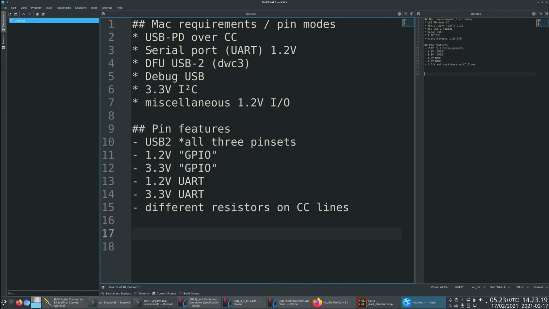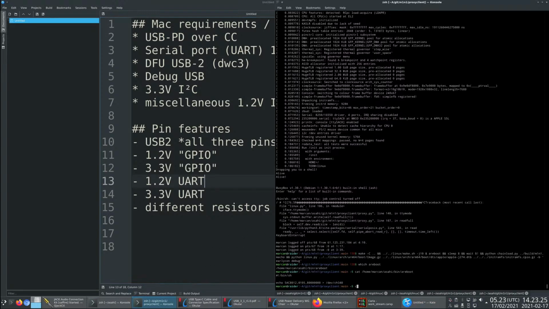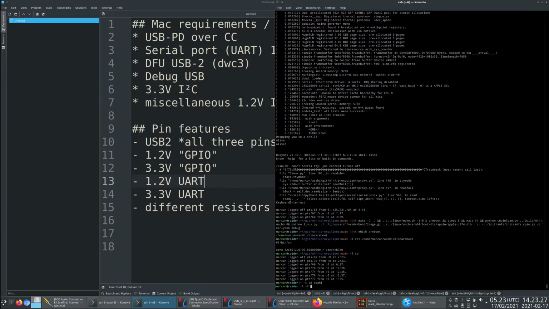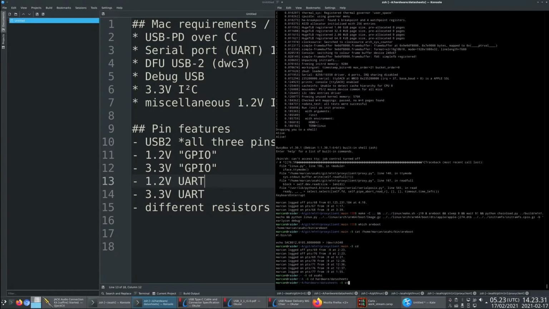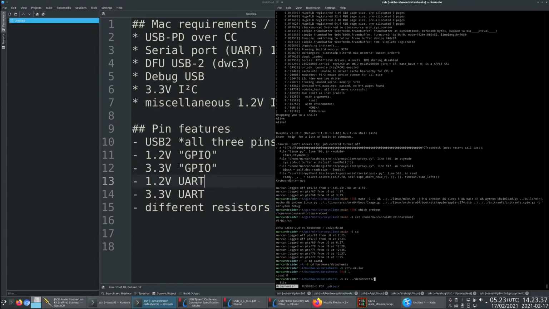So for the USB PD interface, I'm going to be using the, I thought I opened that and I guess I didn't. Give me a second. Put it here. Yeah.